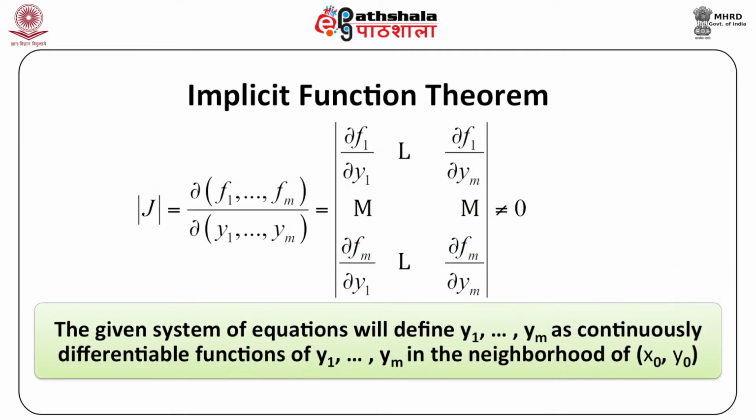Using the matrix system, the absolute value of J is equal to del f1 to fm divided by del y1 to ym, which is equal to the matrix with del f1 by del y1 down to del fm by del y1, right up to del f1 by del ym down to del fm by del ym, which is not equal to 0.